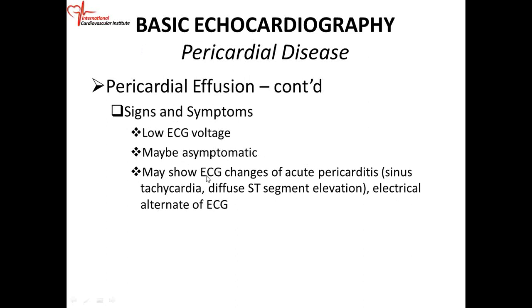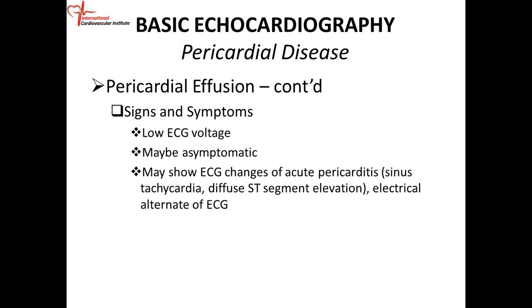Again, we said the patient may be completely asymptomatic. The ECG may show evidence of acute pericarditis, and as we said, the hallmark of acute pericarditis is sinus tachycardia, diffuse ST segment elevation, and what we call PR segment depression. So you're going to have ST segment elevation in all the leads except aVR.